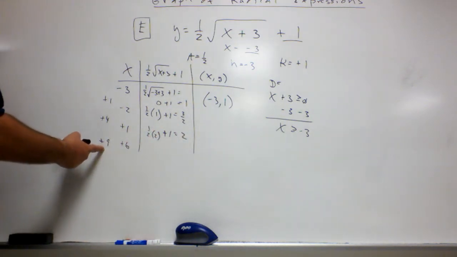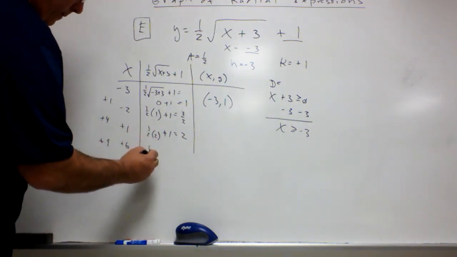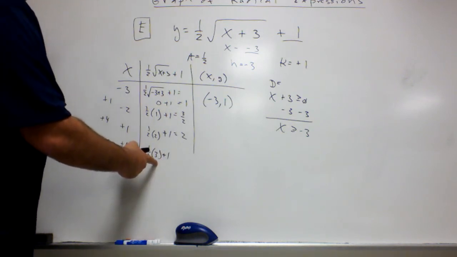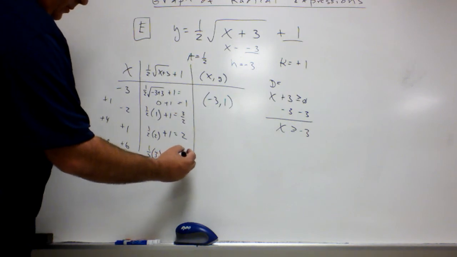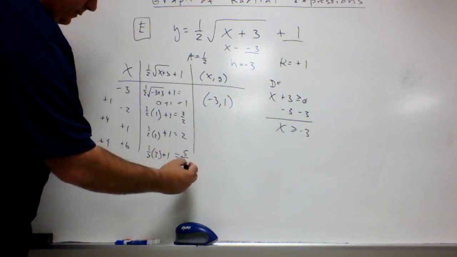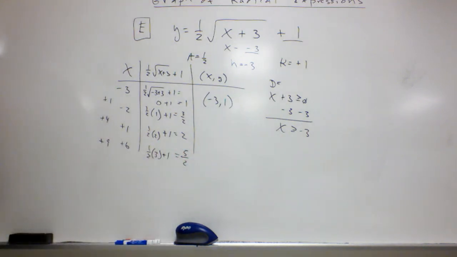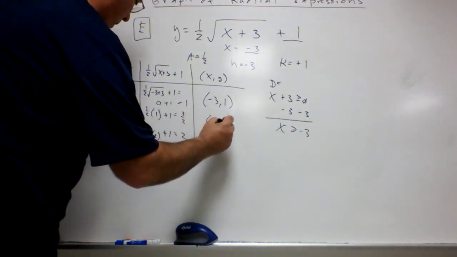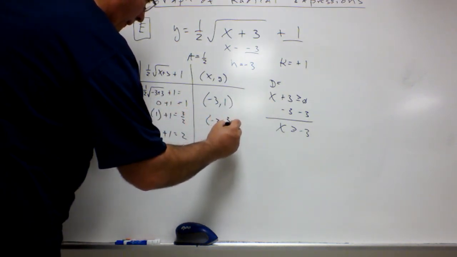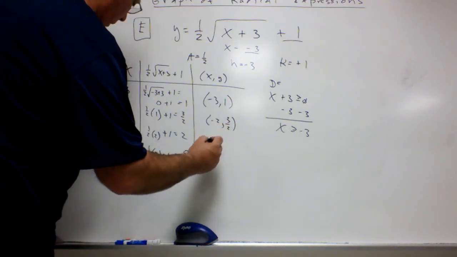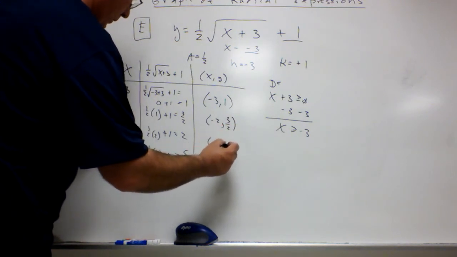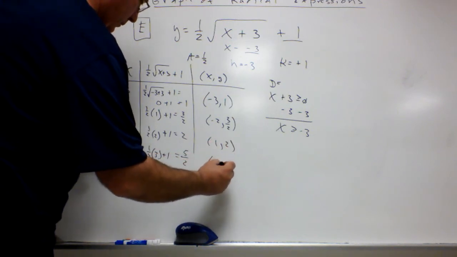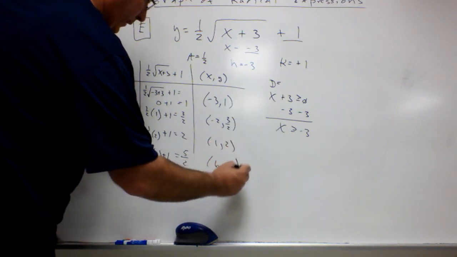And then it'll be the square root of 9, which is 3, so that'll be 1.5, plus 1 will be 2.5, or 5/2. So these are our values. The 1, 2, and the 6, 5/2, like that.